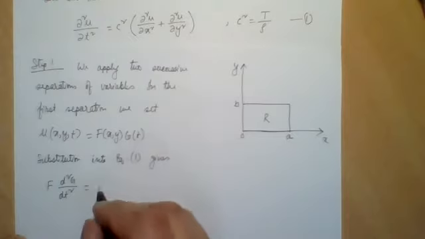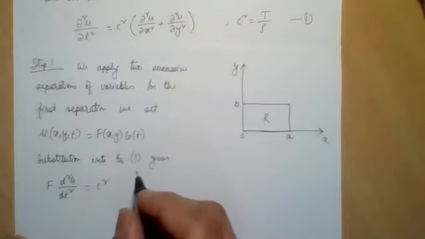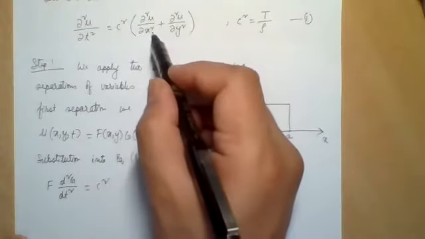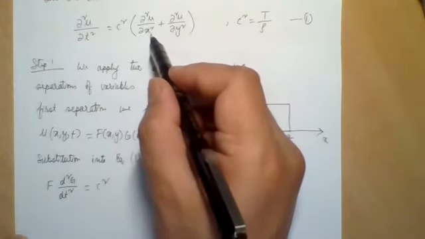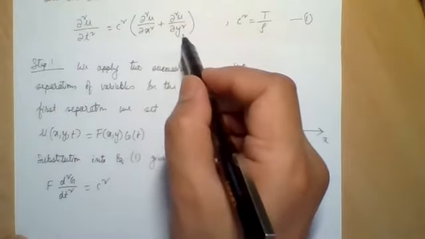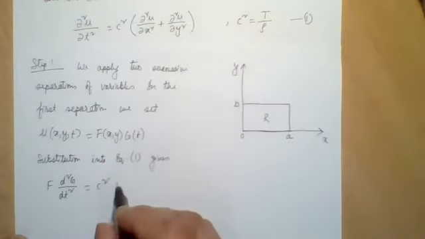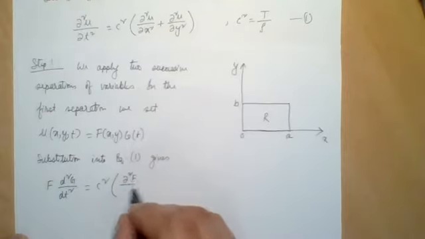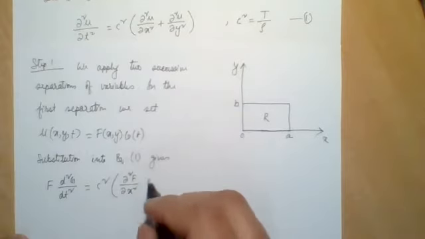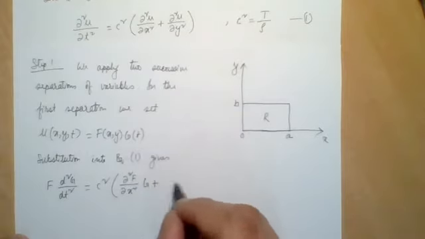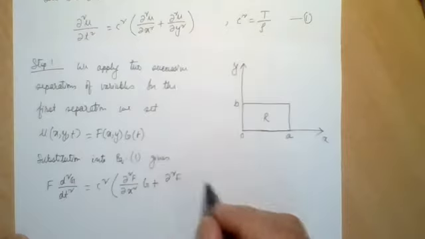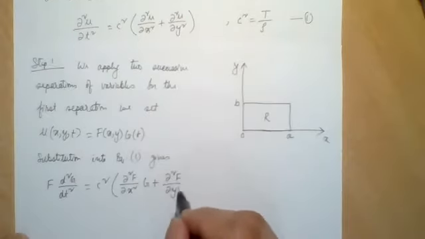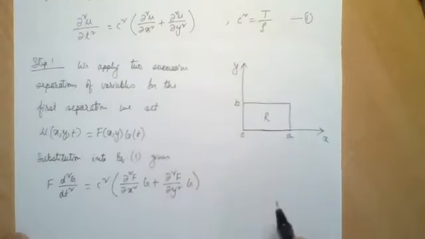This is equal to c square. Here g can be treated as a constant because this differentiation is with respect to x and y. So we have c square times d2f by dx square times g plus d2f by dy square times g.